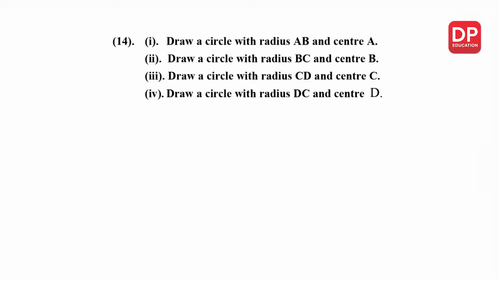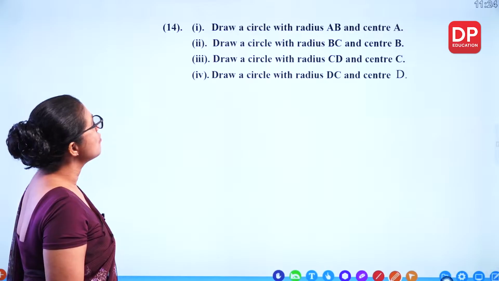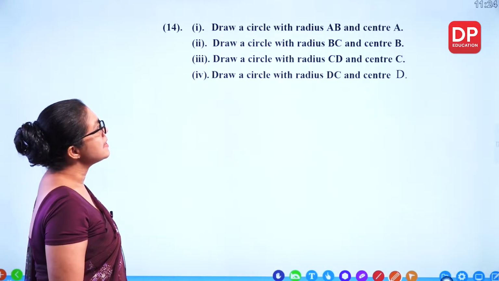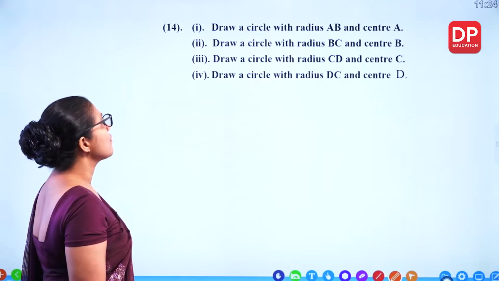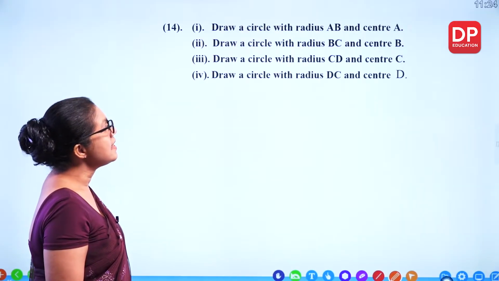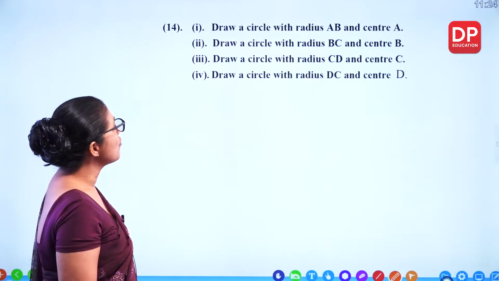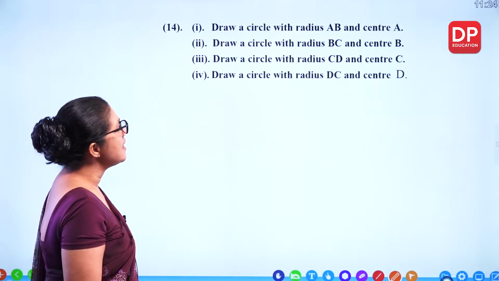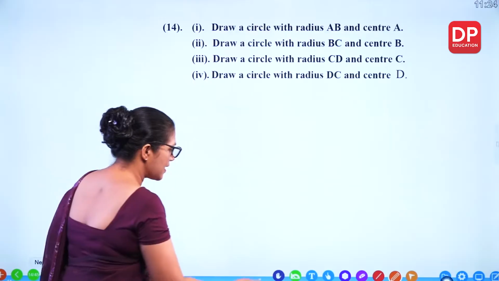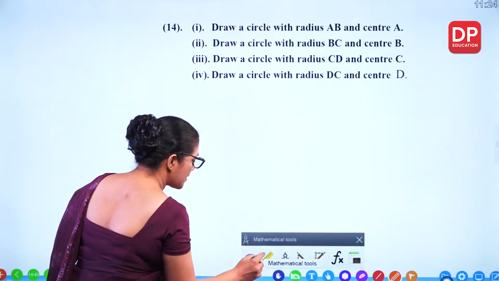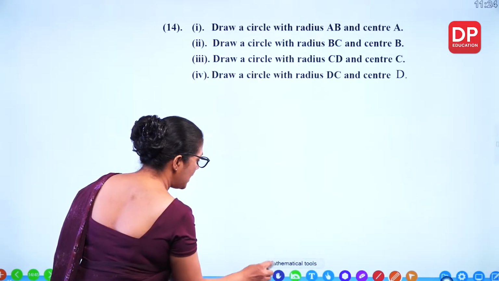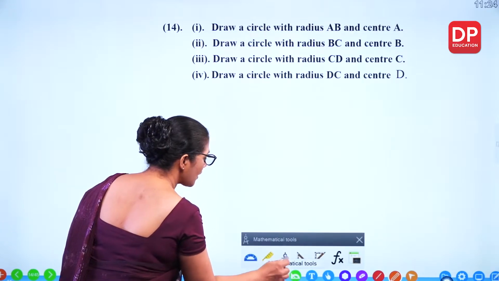Now look at this one. Draw a circle with radius AB and center A. Draw a circle with radius BC and center B. Draw a circle with radius CD with center C, and draw a circle with radius DC and center D. So basically you have to draw several circles there. So we need the compass.